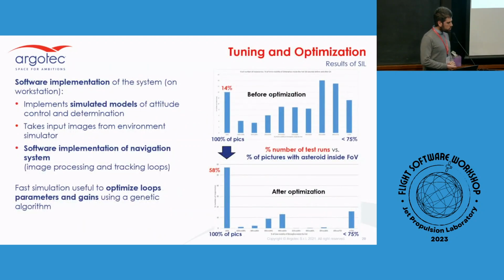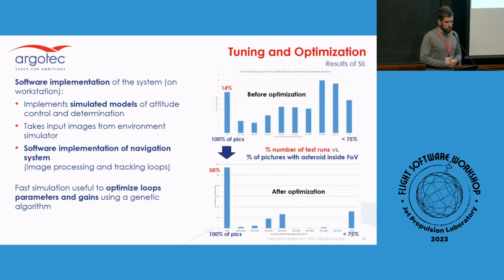Using this simulator, we implemented a fully software implementation of the system, mainly using MATLAB, but also with some custom software development. This was used to generate a lot of possible initial conditions to be fed to the autonomous navigation system to see how it behaved starting with different conditions. This was done mainly because we had two key performance indicators for the system.